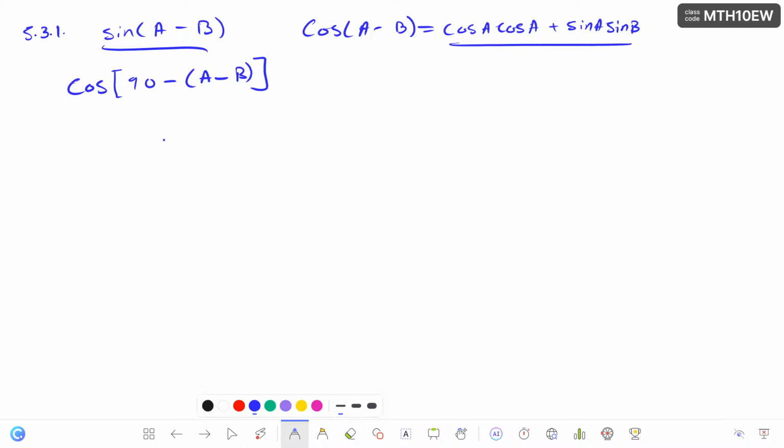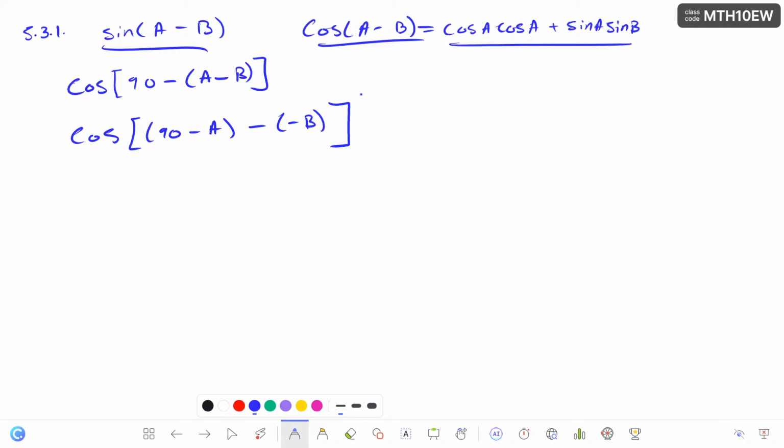Now we need to say cos 90 minus A, right? Minus B. Okay. So we are using this one to derive or deduce this function.